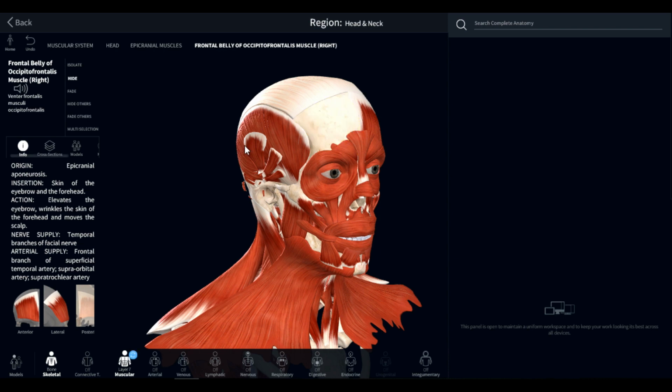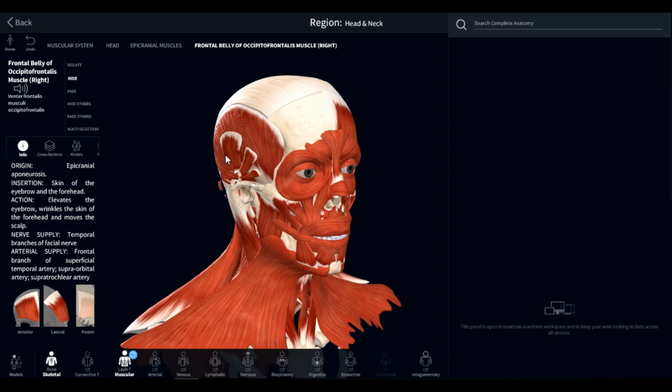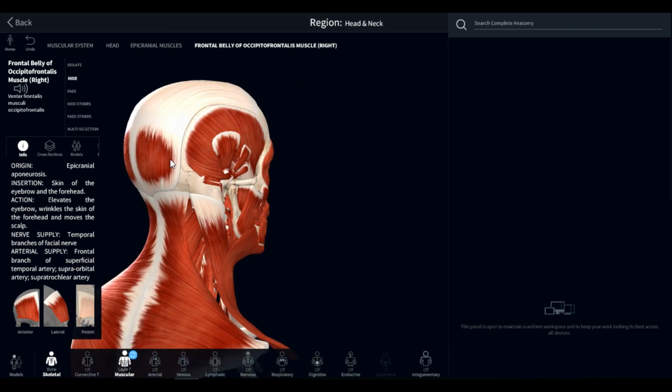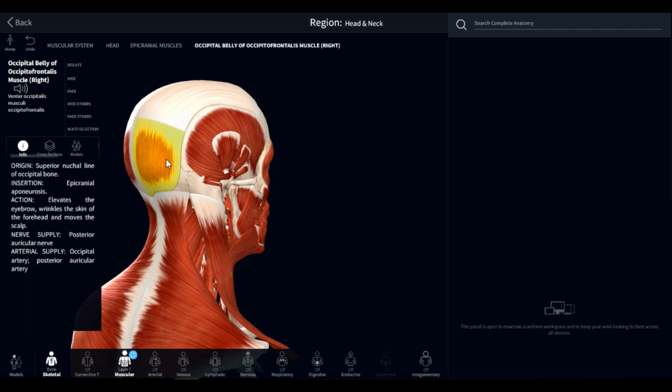If we hide this muscle and we look at venter posterior, we can say that venter posterior has a nerve supply from the posterior auricular nerve, which is a branch from the facial nerve. Now, do bear in mind that this is not a branch of the facial nerve when the facial nerve can be seen on the face.